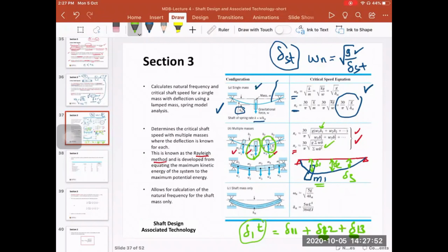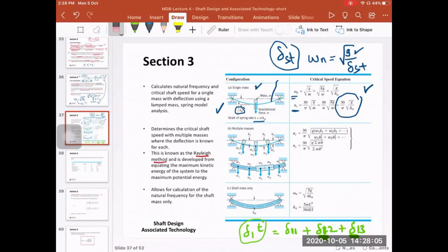The same can happen if you have something like this. Let me just get rid of these to make it clear here. So if you have a shaft, and the shaft has different steps, and different sections, you can again just subdivide the shaft into masses.